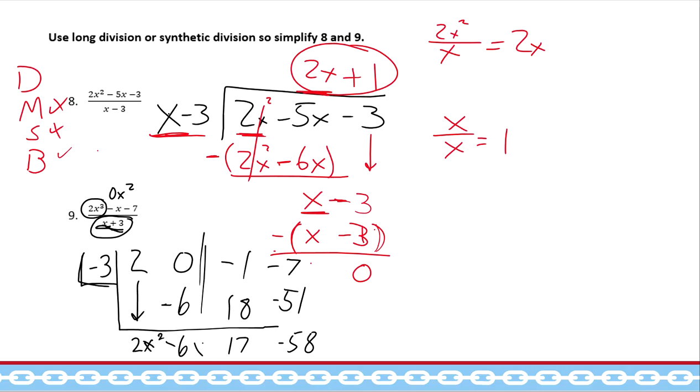And then the 17 is my constant. So I'm going to put a plus 17. And then the -58 is really my remainder. So I'm going to make that into a fraction, and I'll put the x plus 3 as my divisor, or my denominator, sorry. So my solution there would be 2x squared minus 6x plus 17, and then plus the remainder part, -58 over x plus 3.